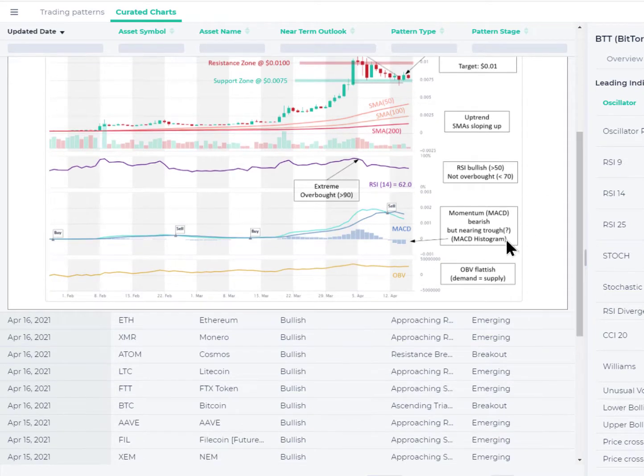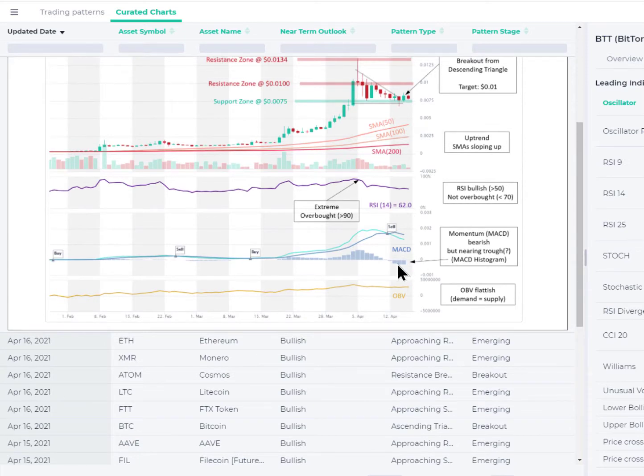That's great. Momentum is bearish. MACD crossover is negative. So that would give us a pause perhaps. But as you can see, the MACD histogram bars look to be troughing, so bottoming and turning around. That could be an early indication that the MACD momentum is about to swing to the upside.